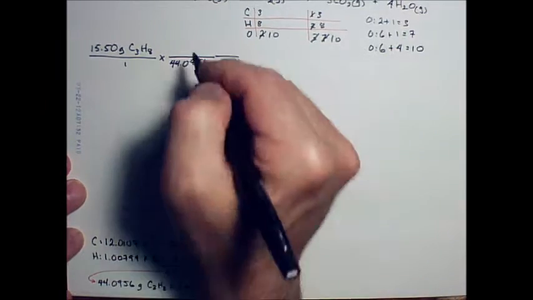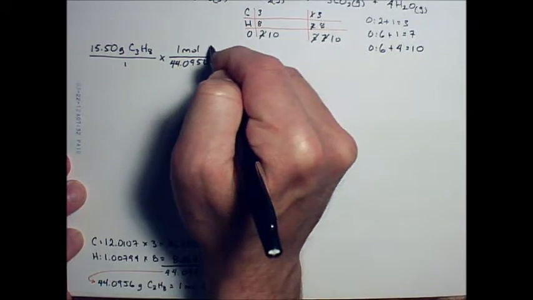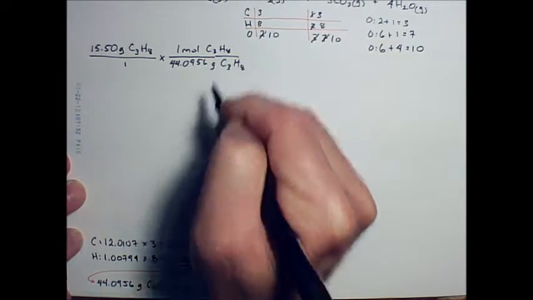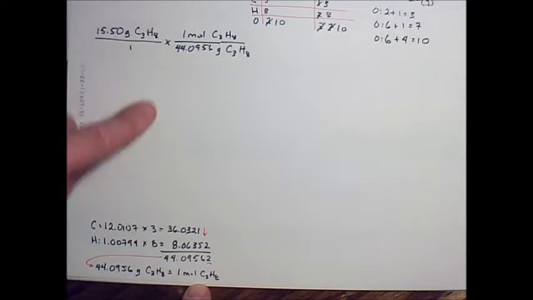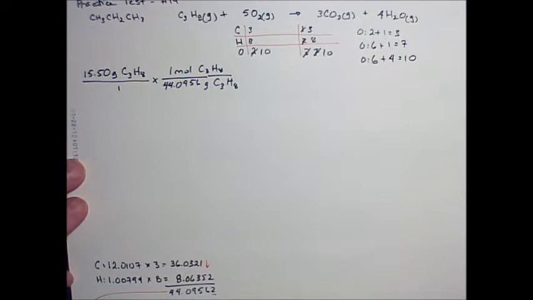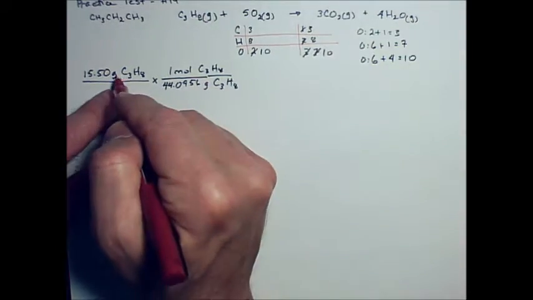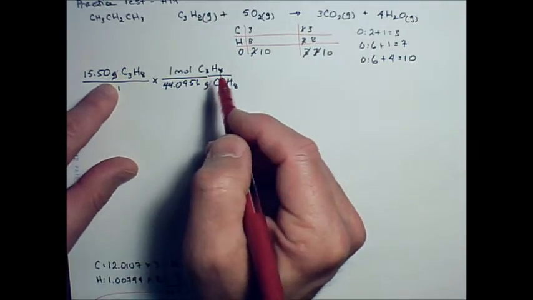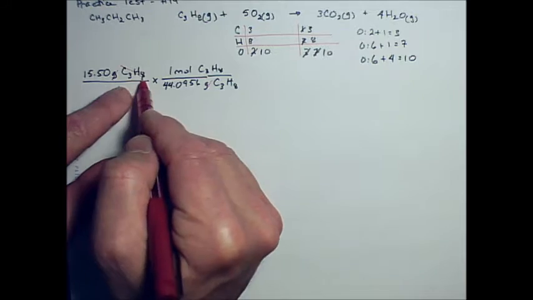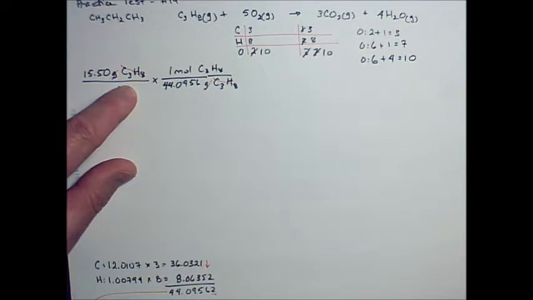And then I'm going to put 1 mole C3H8. The other side of the equality statement down here at the bottom goes on the top. All right, now we can cancel units, just like we cancel x's and y's in algebra, and the species can be canceled in the same way.